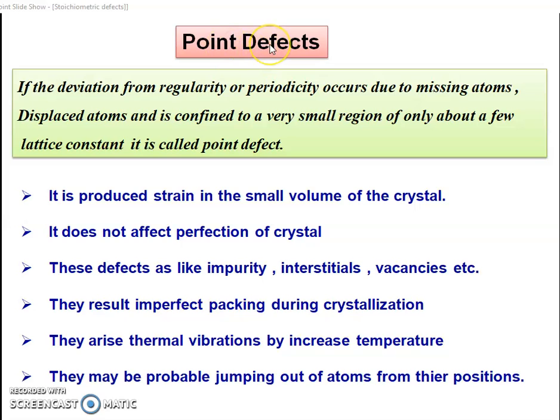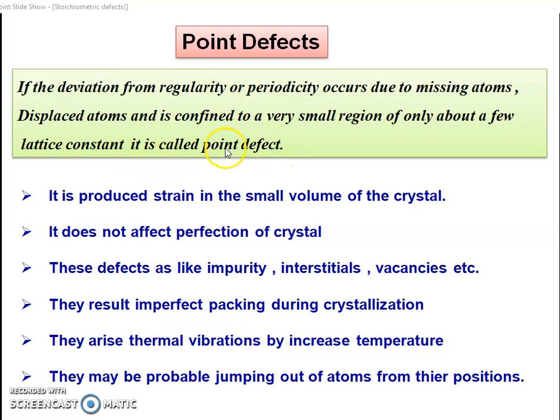So what is meant by point defects? Point defects are present in simple structural crystals and include a single atom or lattice site. If the deviation from regularity or periodicity occurs due to missing atoms or displaced atoms, and is confined to a very small region of only a few lattice constants, it is called a point defect.